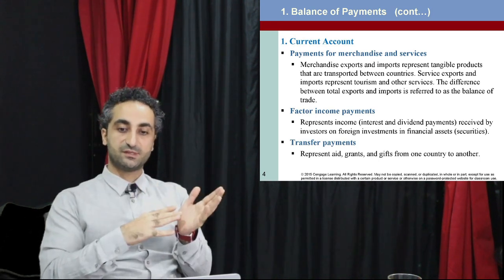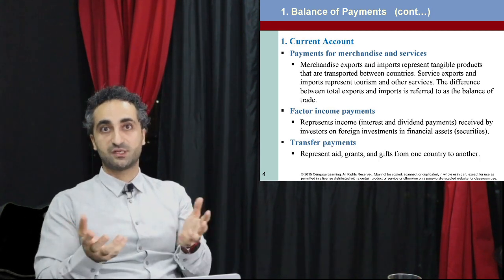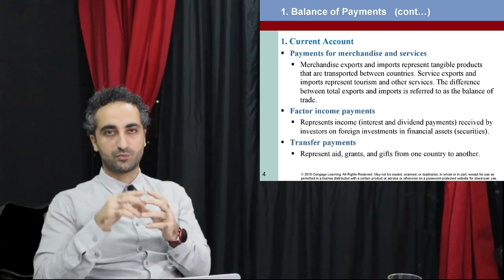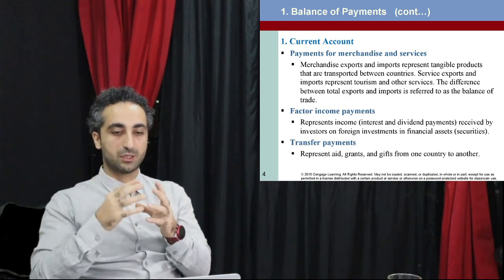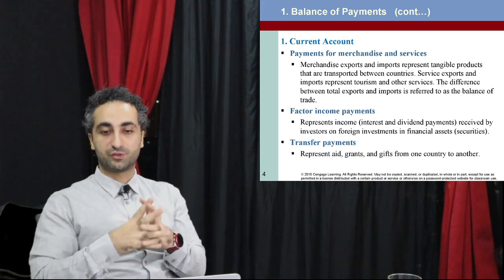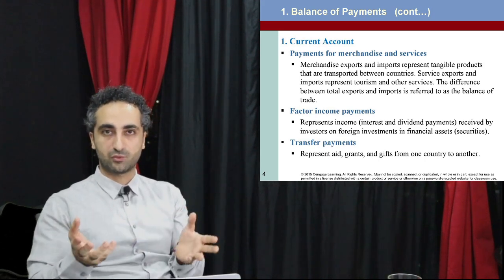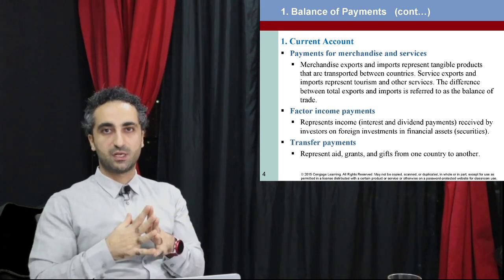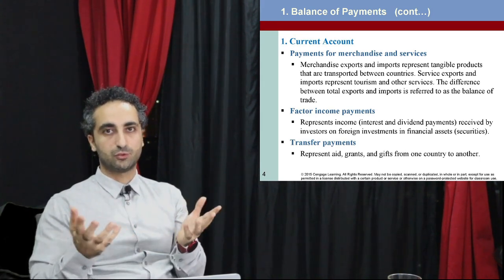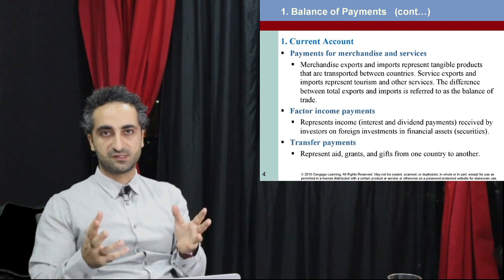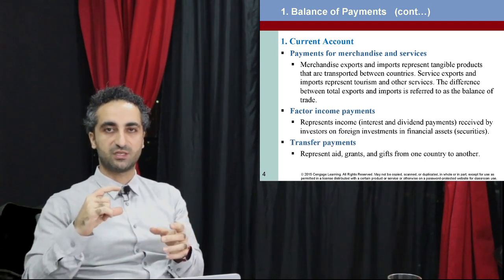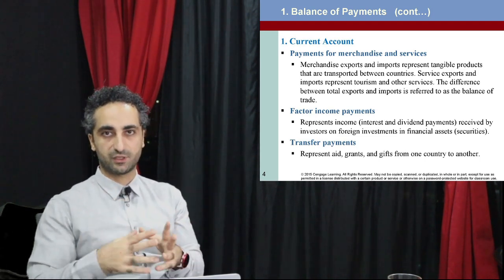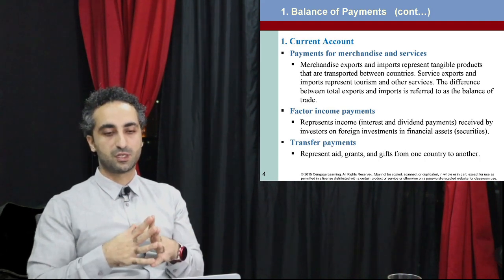Now service exports and imports, nowadays services are even more important than goods. They represent tourism and other services. We've seen what happened to our economy here in Malaysia after the lockdown. No tourists. Businesses, especially small and medium enterprises, are suffering. We've seen many restaurants closing out.